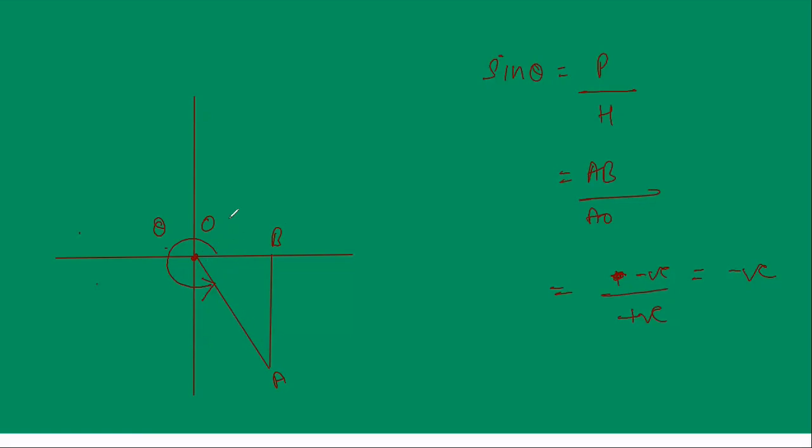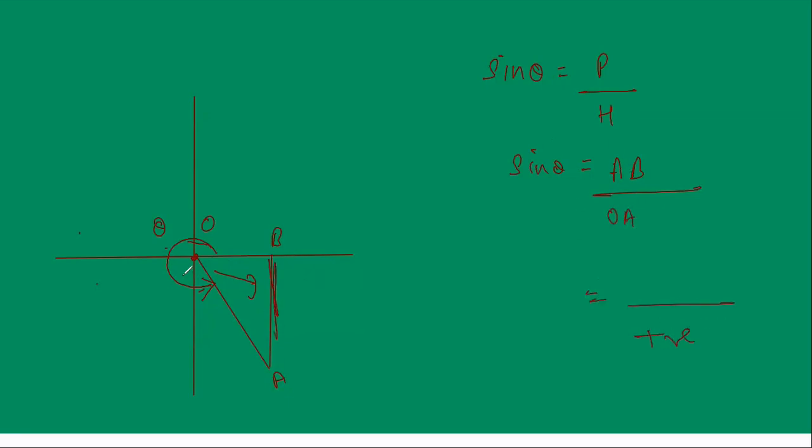Sine function is P over H, that is perpendicular over hypotenuse, in every quadrant. But right now, what is the perpendicular? According to this angle, the front side will be the perpendicular, that is AB or BA, whatever you want to take. And the hypotenuse, the slopey side, is OA. Hypotenuse is always positive. What about AB?